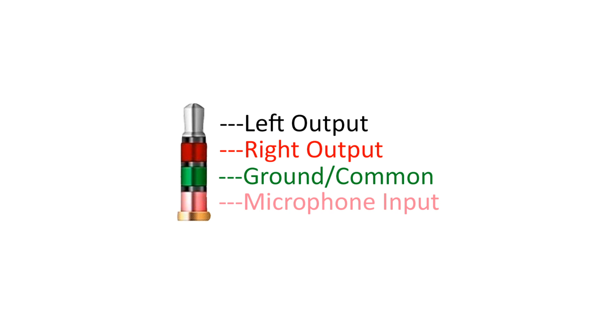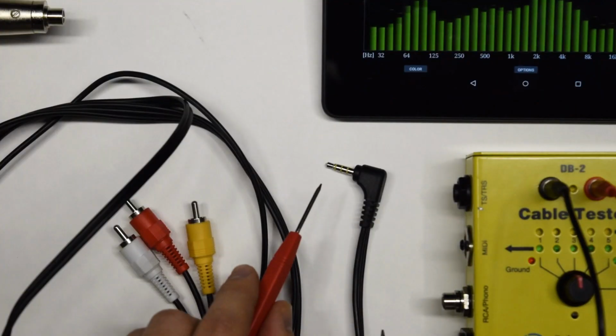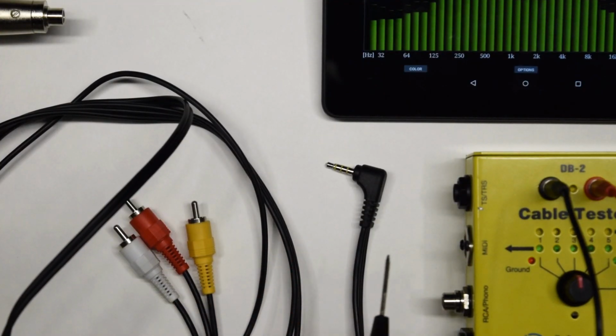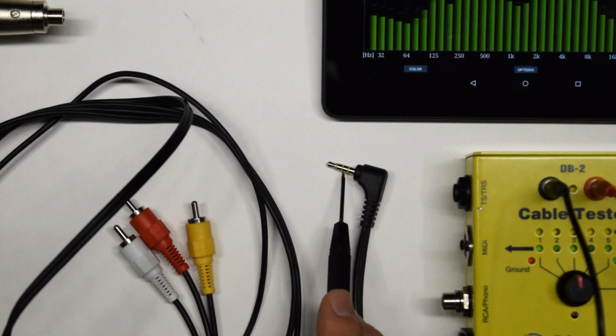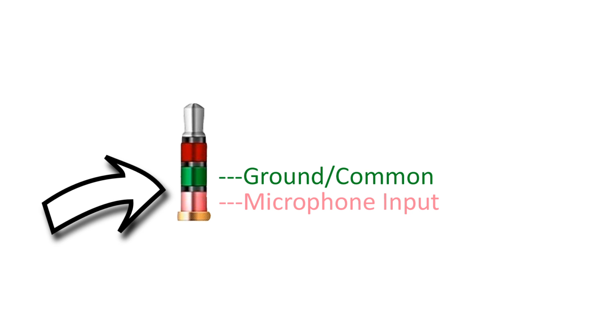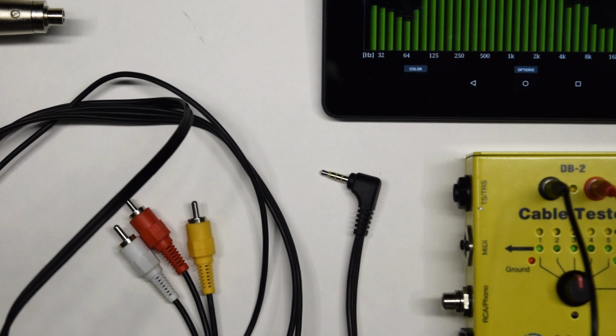This is the right speaker output. This is ground, and then this is the microphone connection. Now, depending on what standard they're wired to, these last two can often be flipped, which is why you're going to need to check which cable you have, because between the first cable that I showed you and this cable, one is wired one way and the other is wired the other way.